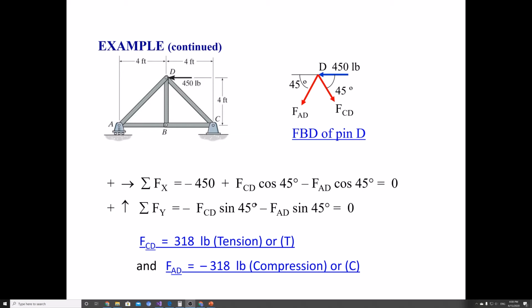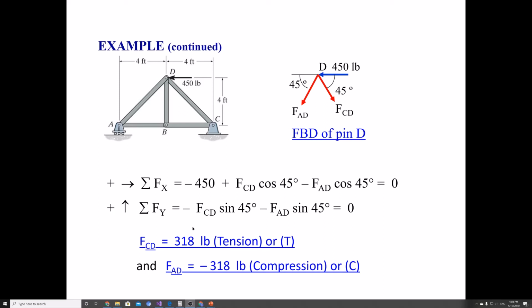I have two unknowns. And then the summation of the forces in the y direction: minus FCD sine of 45. Now we have this one going down and this one going down. We drew them downward, so the y component is going down on both of these. So they're both negative: negative FCD times sine of 45 minus FAD sine of 45 equals 0.